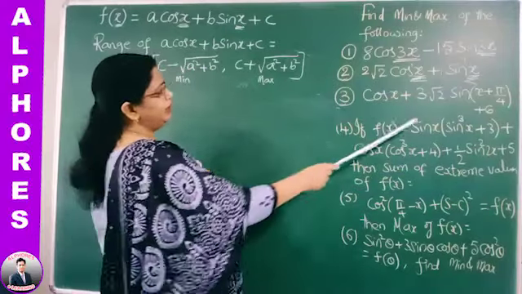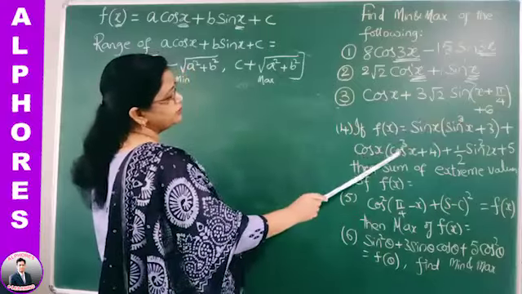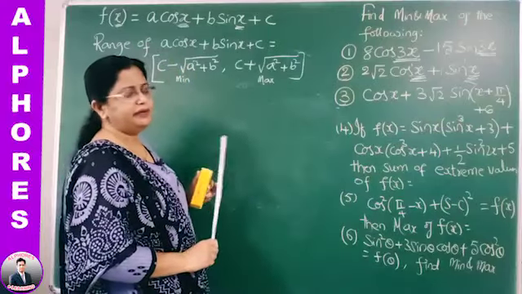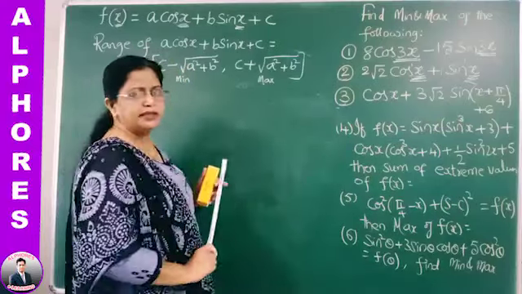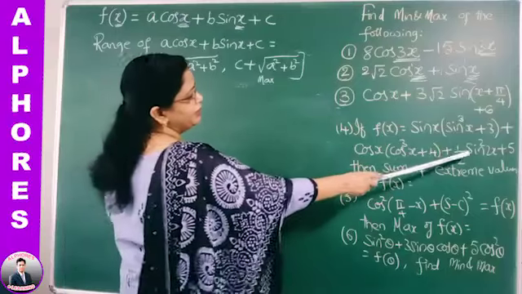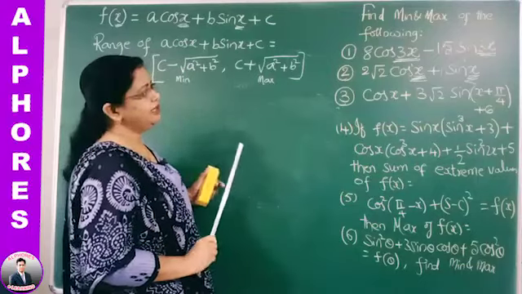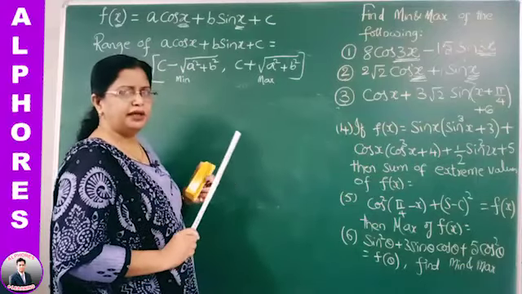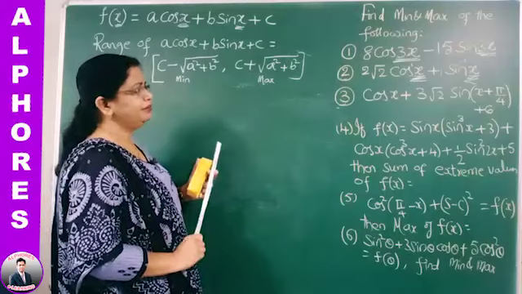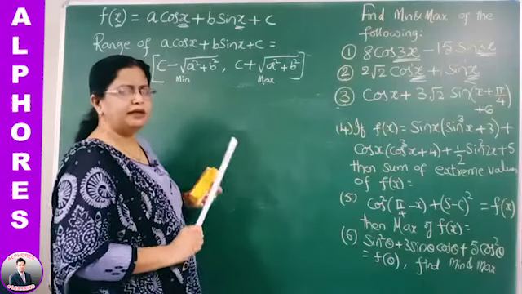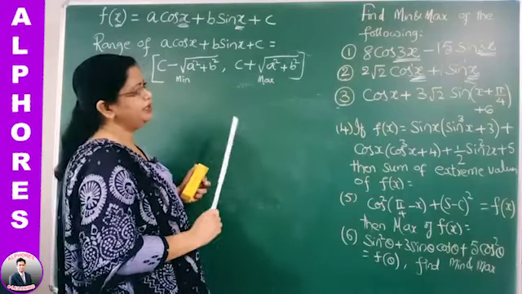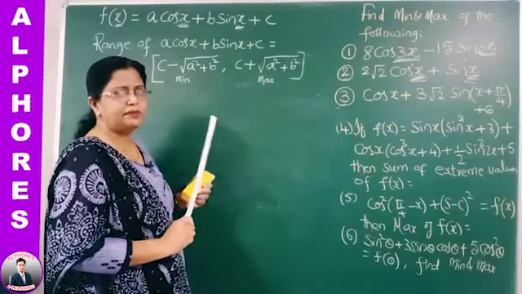And you know very well sin power 4x plus cos power 4x is 1 minus half sin square 2x. So again here you have half sin square 2x. So nothing to worry, some terms are going to get cancelled. That means we should be aware of all our known formulae. Then only can you easily do these kinds of problems.